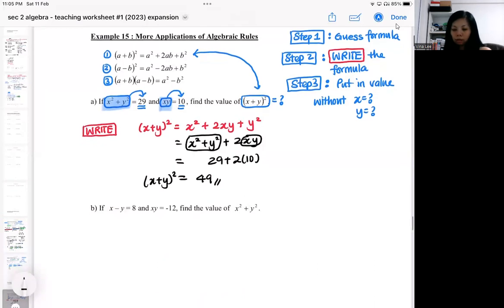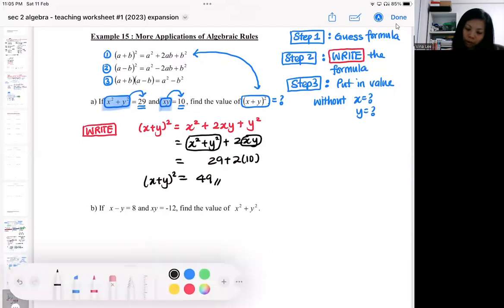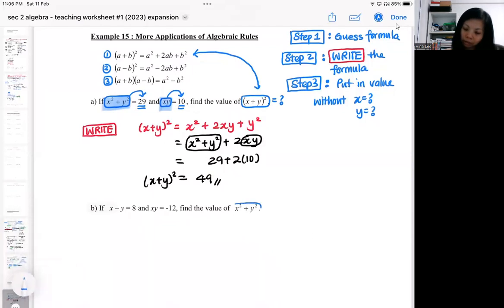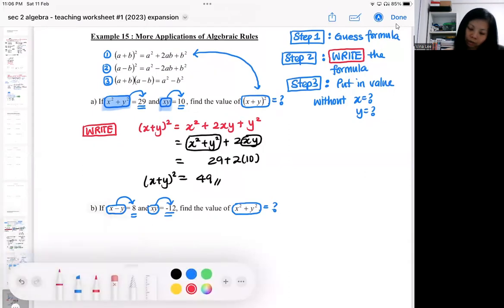Now the next one, I'm supposed to find what is this. I'm given this to be a 8. I'm given this to be a minus 12. I just have to be guessing. So I'm guessing formula 2, because of this part here.